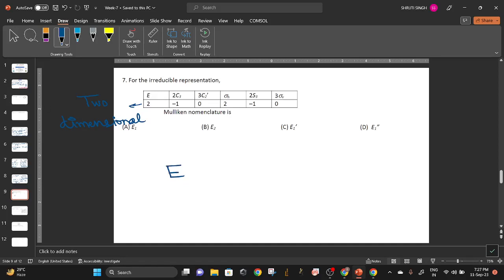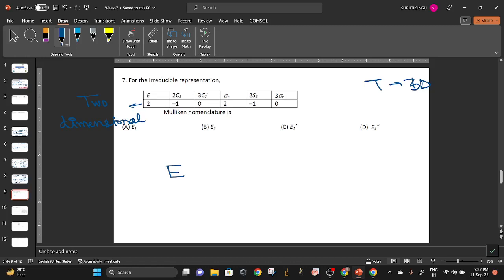E means a two-dimensional representation and T means three-dimensional representation, like Eg and T2g. For d orbital splitting, we have Eg and T2g like that. Those are Mulliken symbols themselves. Okay, so we have decided that the symbol will be E. Now what?